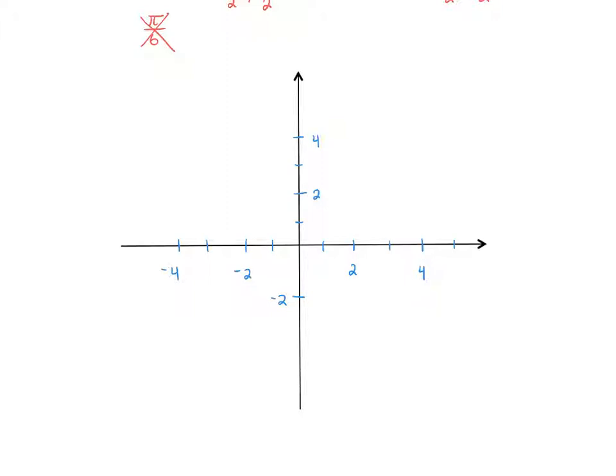Okay, so if we sketch this out, when t equals 0, you end up plotting this point. All right, and then basically, you hit these points along the way.